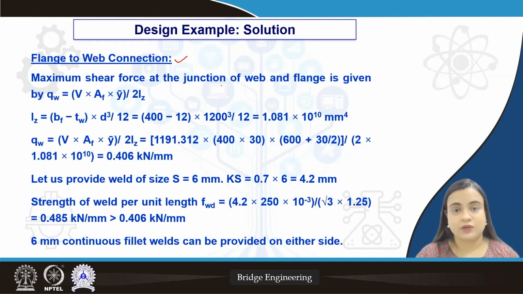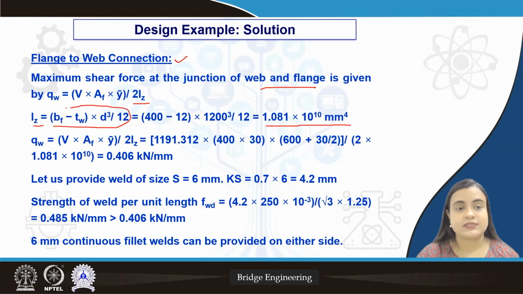The maximum shear force at the junction of web and flange is given by qw equals V times Af times y prime divided by 2 times Iz, where Iz is obtained as the moment of inertia of the section, and that turns out to be 1.081 times 10 to the power 10 millimeter 4 once we apply the magnitude of all the parameters in this expression.